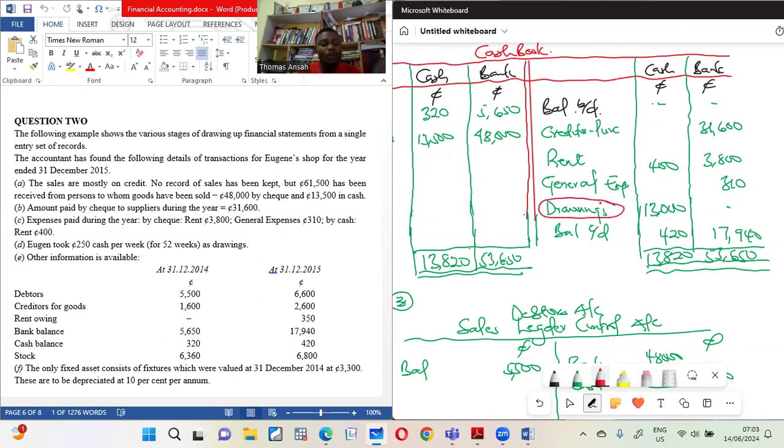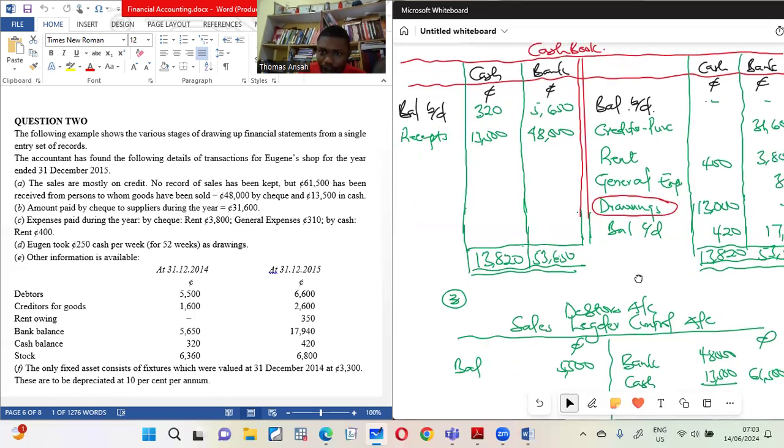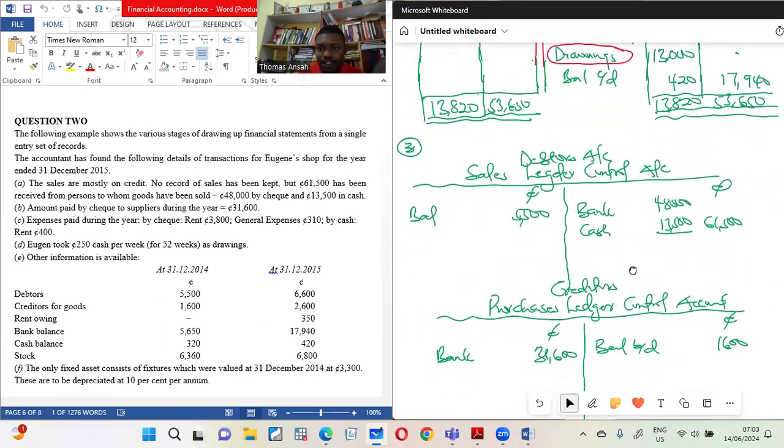That is what we call incomplete records. So with missing figures, that is the one that we call like that. And if the figures have been here, then it means that there are some receipts of cash, the difference. Okay, so that is that. We've done this. And so our cash has balanced.